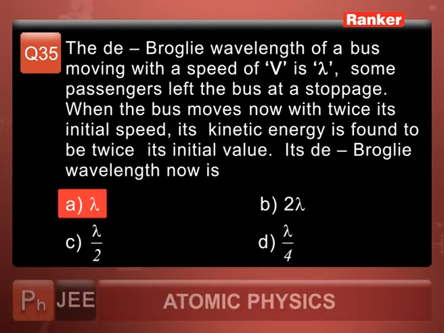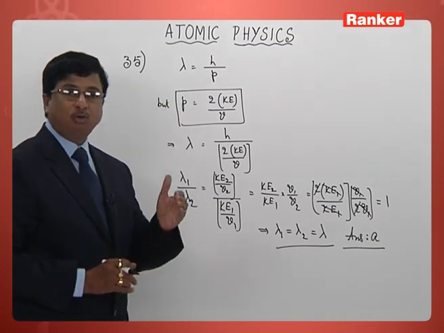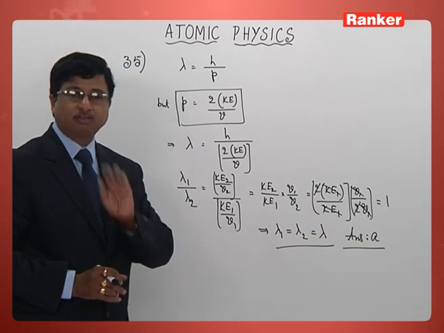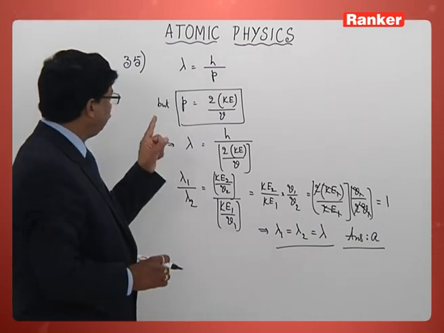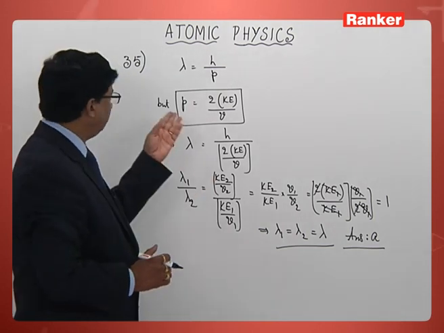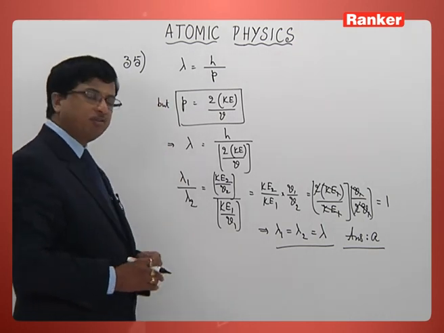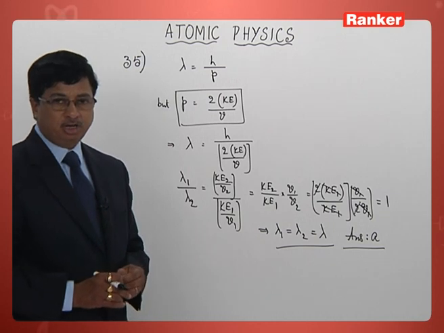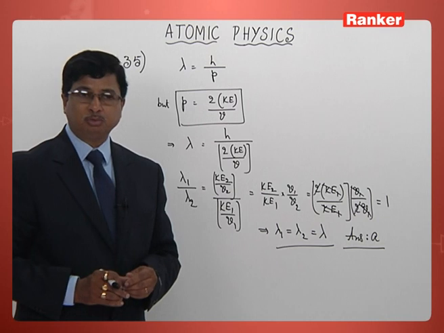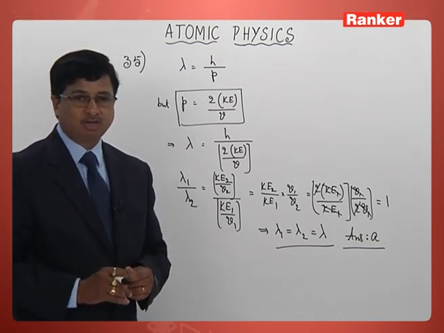In problem number 35, the only point you should understand is how to write momentum in terms of kinetic energy and velocity of the body. It is twice KE by V; you better write like that. Then that gives you the momentum value, and according to that ratio you estimate the required value. It is equivalent to lambda, meaning lambda 1 and lambda 2 in this case are equal. That is the concept we have to understand.